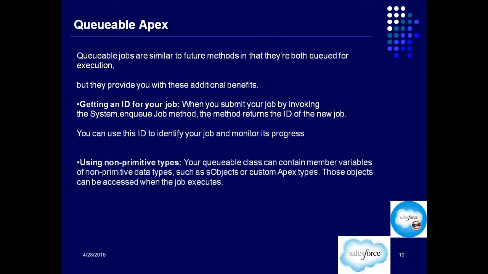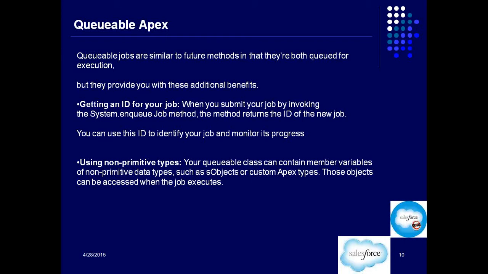Advantage number two for queuable Apex is using non-primitive types. Your queuable class can contain member variables of non-primitive data types such as objects or custom Apex types. Those objects can be accessed when the job executes. Because this is within the class, you can define your objects within it. You don't have to pass the object as a parameter or something.